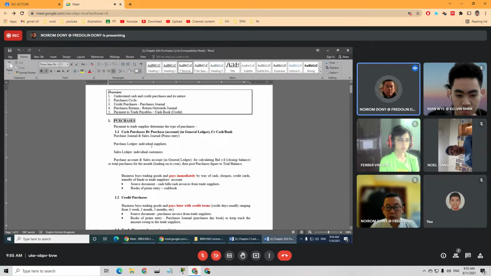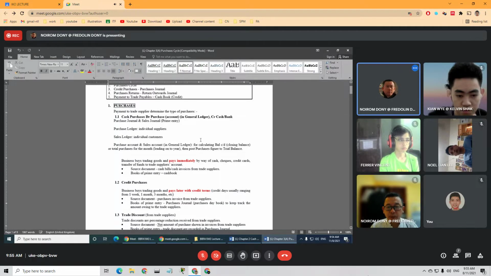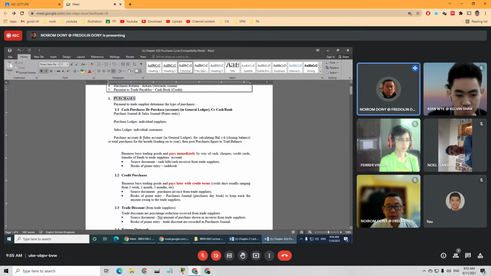What do we have in the purchases ledger? Individual suppliers, the trade payables accounts. And the sales ledger? Individual customers, trade receivables accounts. The purchases account and sales account are in the general ledger. We will have a total for calculating the balance carried down.